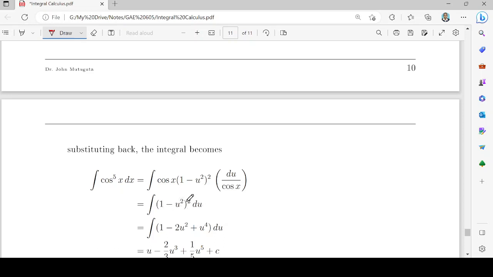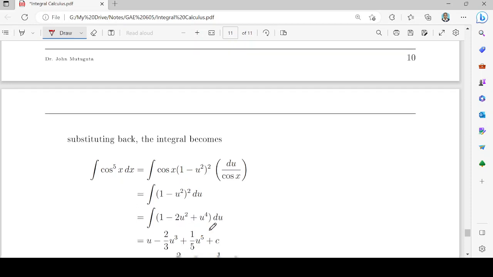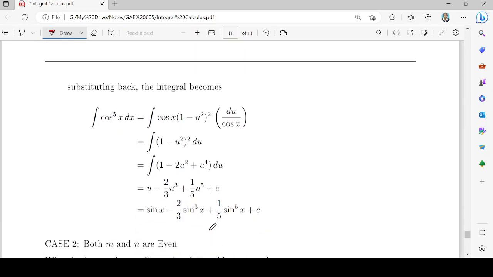The expansion of this, we need to expand this before integration. So you get 1 minus 2u squared plus u raised to power 4 du. And then at that point, now we apply the rules of integration. So the integral of 1 with respect to u becomes u.